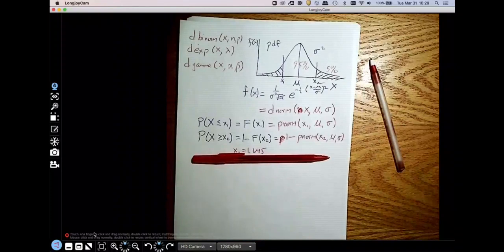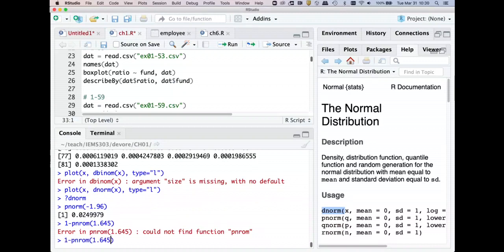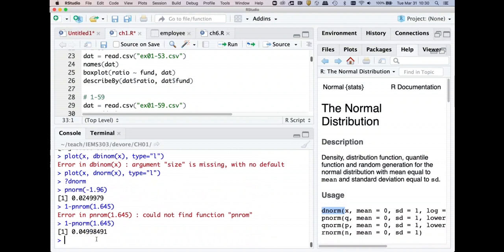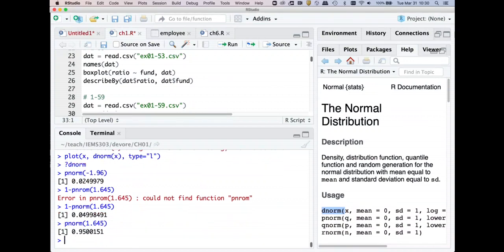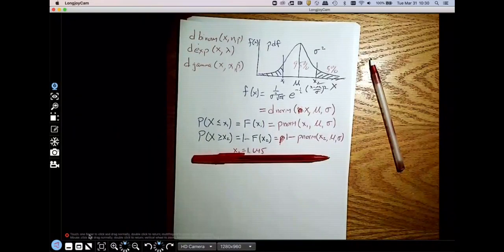Let's just try that in R and confirm that it works. I'm going to take 1 minus pnorm of 1.645, and you've got to spell things right, otherwise it doesn't work. You're going to see the area in the tail is about 5%. Just pnorm of 1.645 should be about 95%, and sure enough it is. All right, that's another thing that we often want to do.